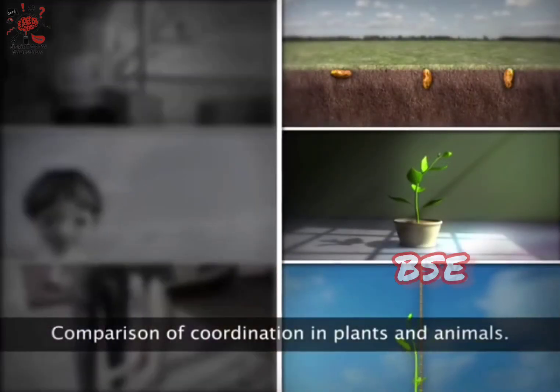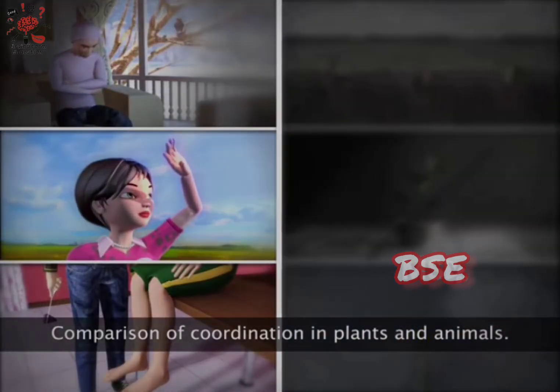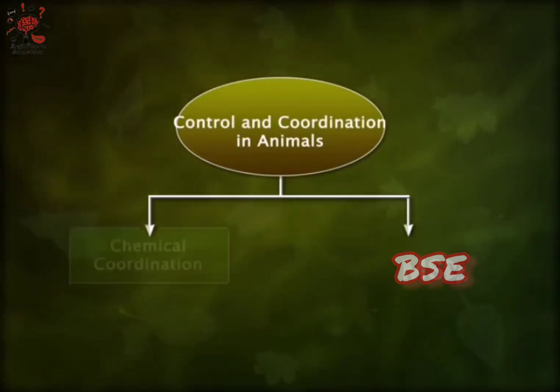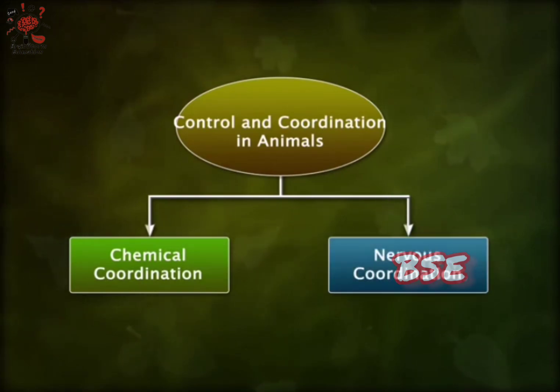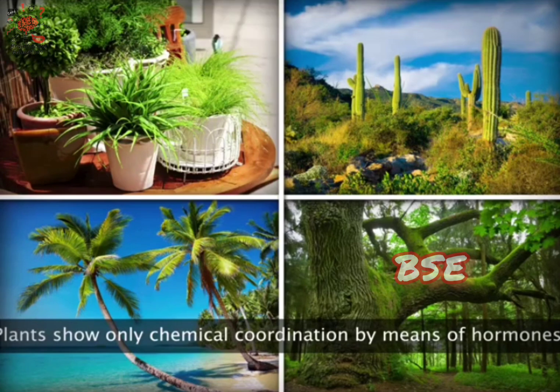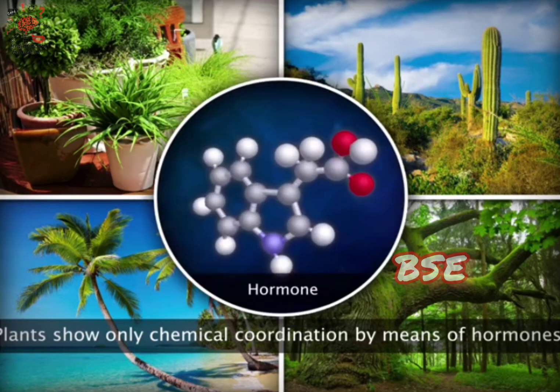Let's compare coordination in plants and in animals. In multicellular animals, coordination is achieved by two methods: chemical coordination and nervous coordination. However, plants lack a nervous system. Only chemical coordination exists in plants. This chemical coordination is brought about by hormones.